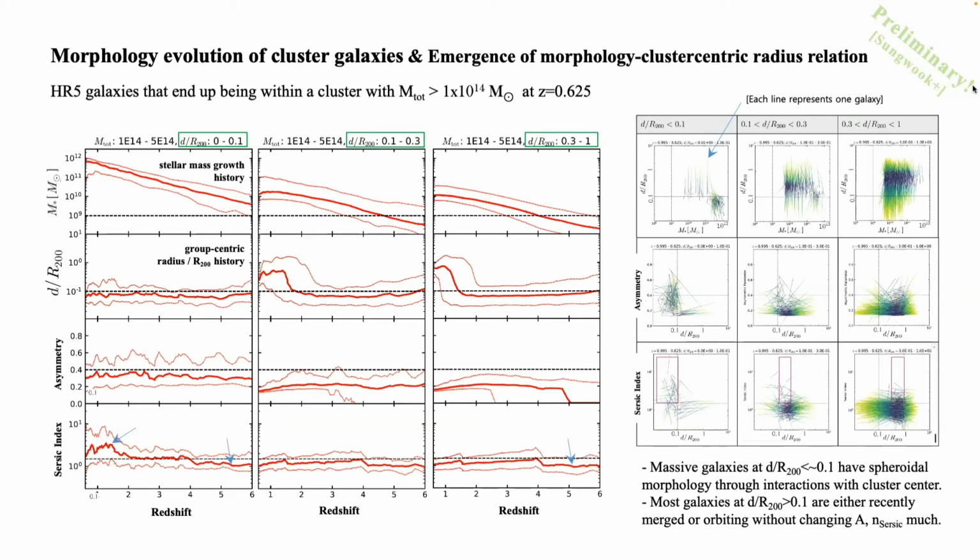But at z equal 0.6, on average they have a very large Sersic index compared to these ones. This bifurcation occurs at around z equal 2. So z equal 2 or 1.5 is the time when this morphology cluster-centric radius relation starts to emerge.